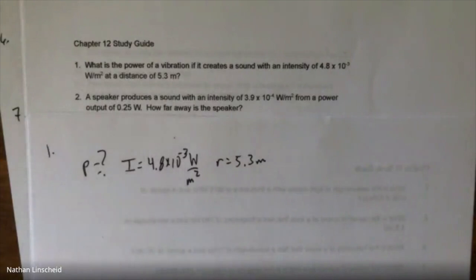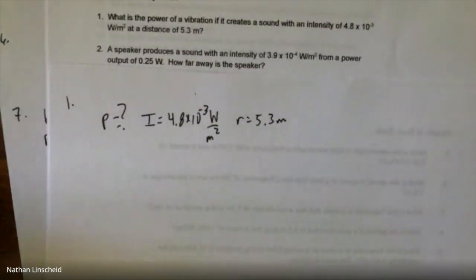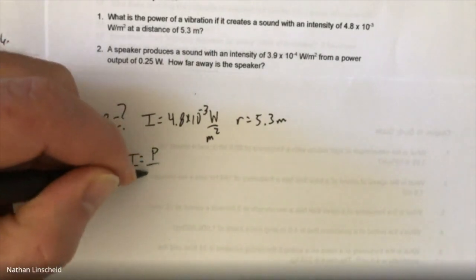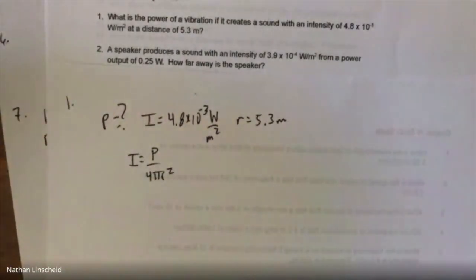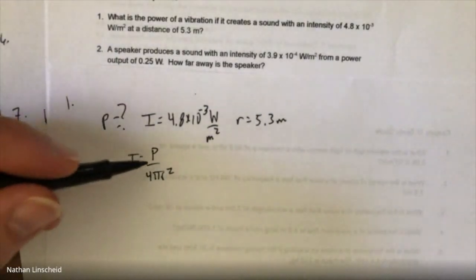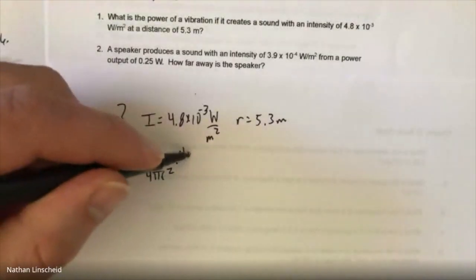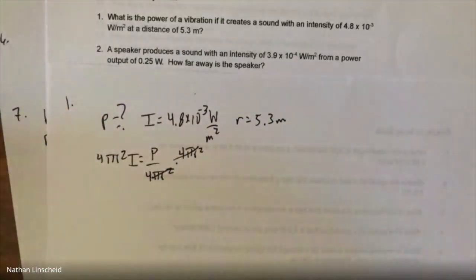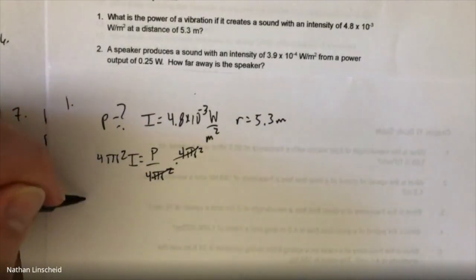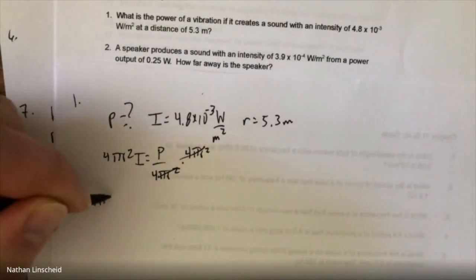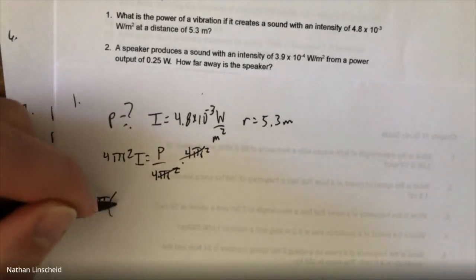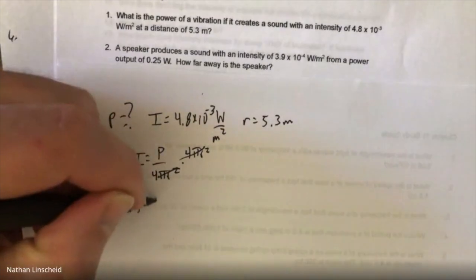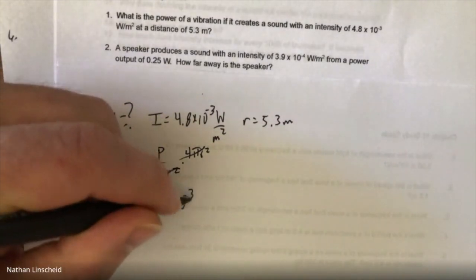All right, so now we need an equation. The equation that we have is intensity equals power over 4 pi r squared. And I want to solve for power, so I'll multiply both sides by 4 pi r squared. And now plug my numbers in. 4 times pi times r squared, 5.3 meters squared, times I, 4.8 times 10 to the minus third.